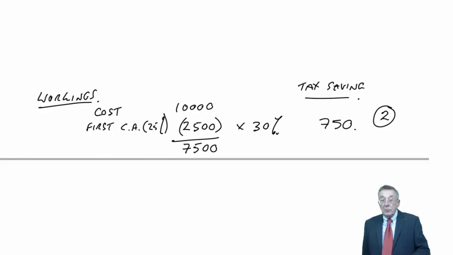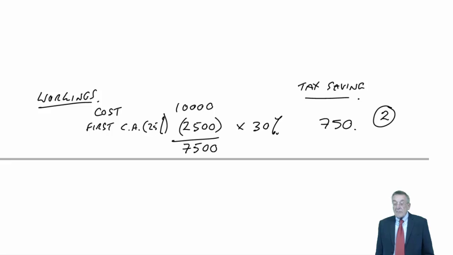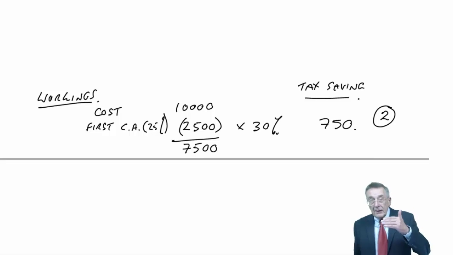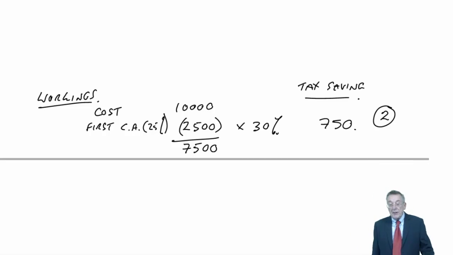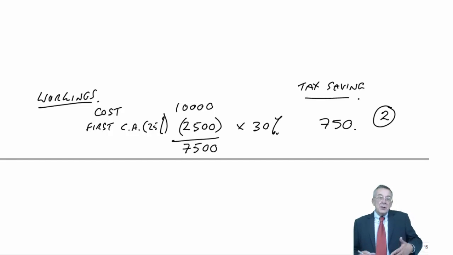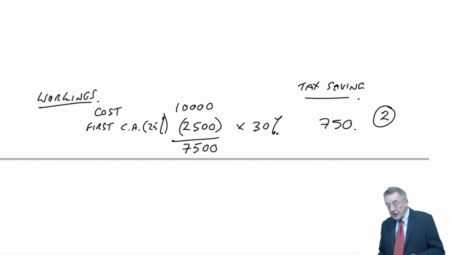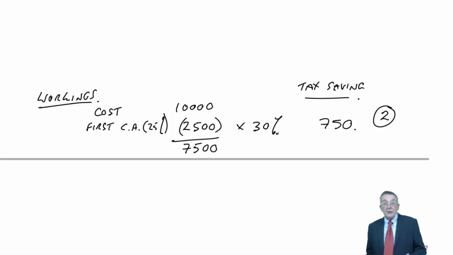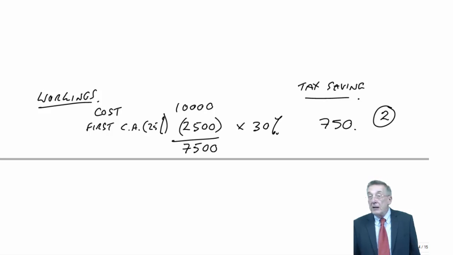Finally, before we continue, think how many years we're going to be doing computations for. You know, we do a computation for every year we own the machine. And so normally you'd carry on and say, oh, in the second year, it'd be 25% of 7,500. In the third year, 25% of reducing balance, and so on. But the one extra rule you need is what happens in the final year, the year in which you sell it.